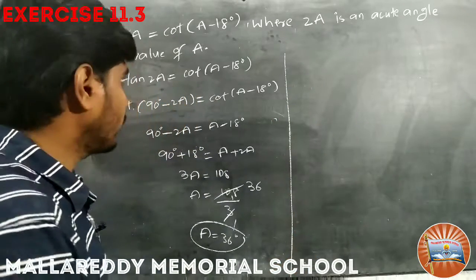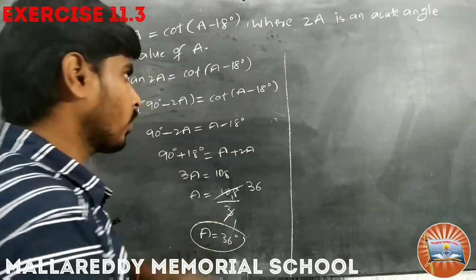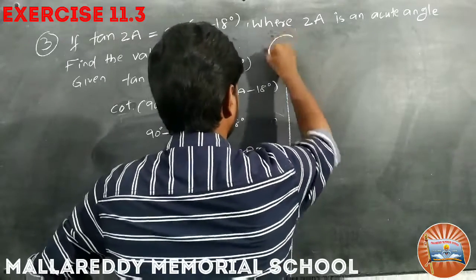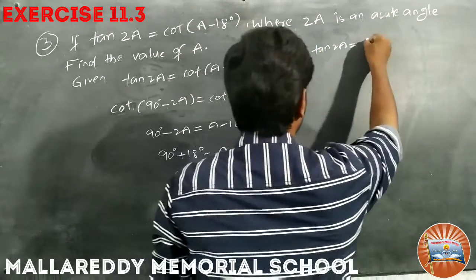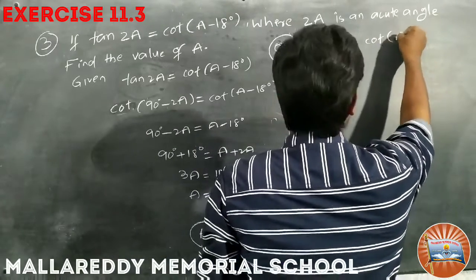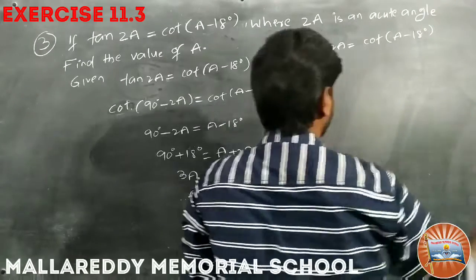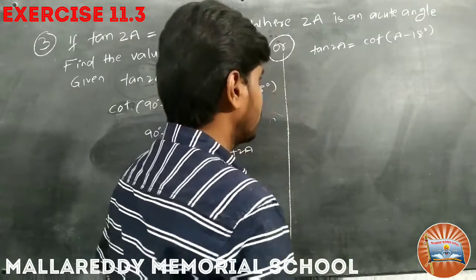Another method means we can change this side, okay. Look at here. tan 2a is equal to cot(a minus 18 degrees), okay, right.